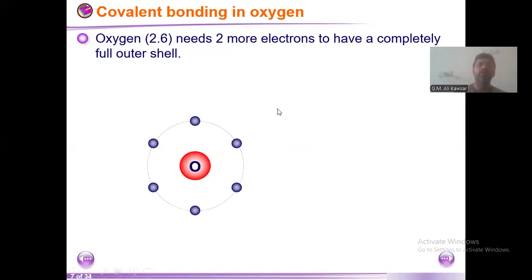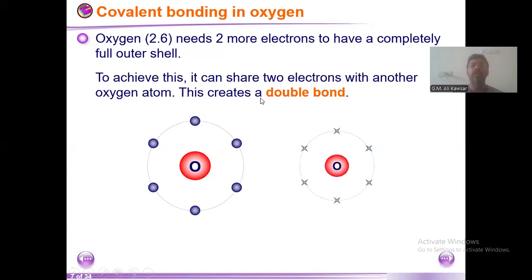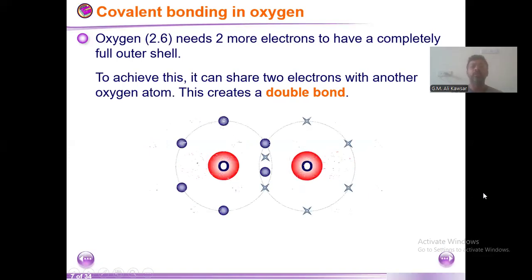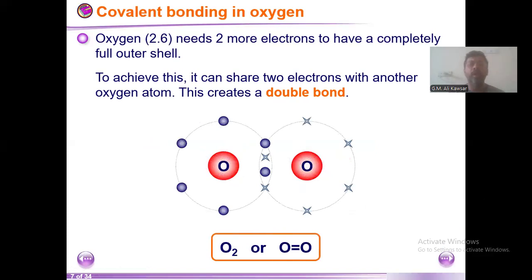So an oxygen molecule is formed by sharing two pairs of electrons. That means 2 electrons will be shared by each oxygen atom to get the configuration of neon. In that case, each oxygen atom will get 8 electrons in the outermost shell, which is the configuration of neon.